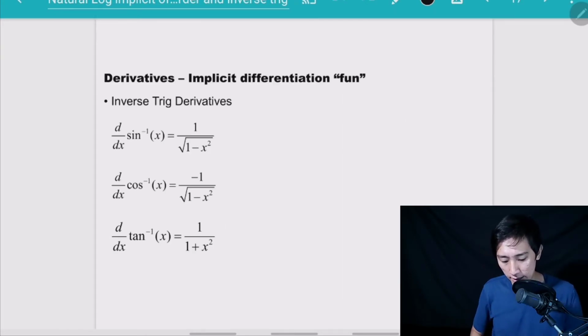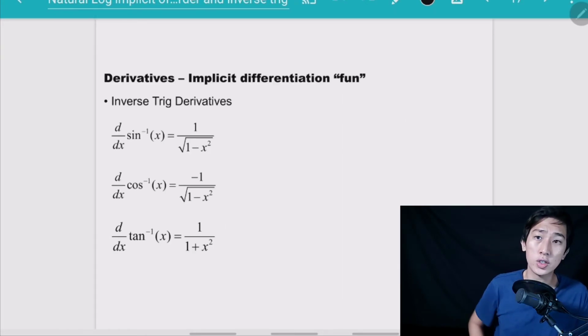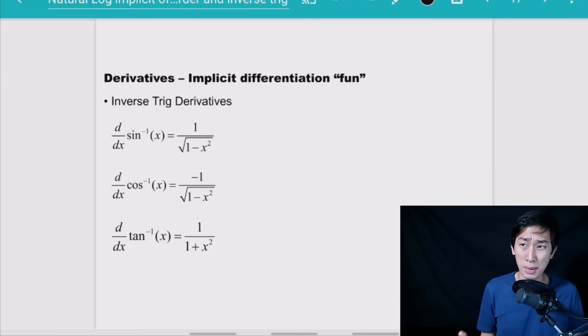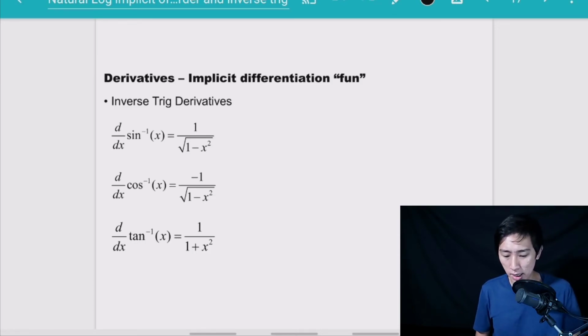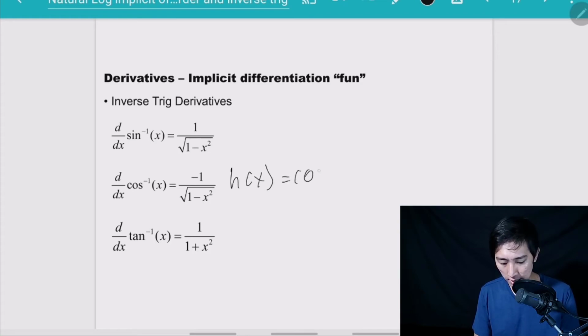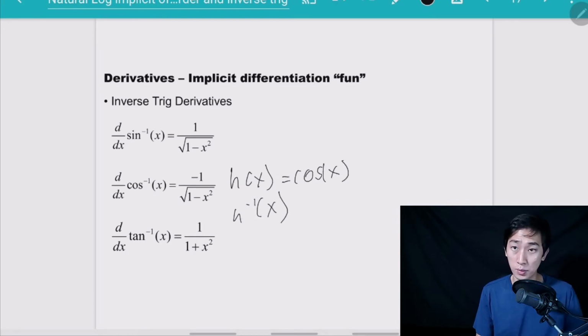So using that, let's look at our other trig functions. I'm not going to show you how to find cosine and tangent because you're basically doing exactly the same thing. We say, okay, let's call h of x equal to cosine x. Then to find h inverse of x, we just use that derivative formula, 1 over h prime of h inverse of x.